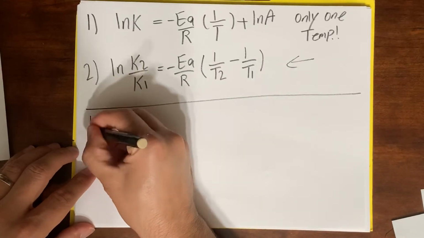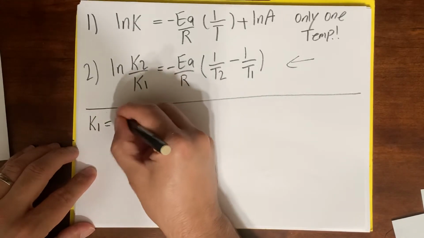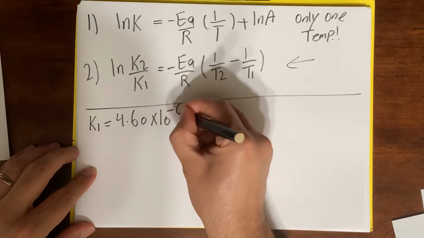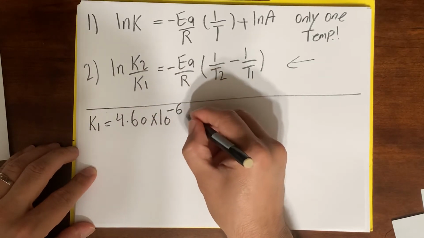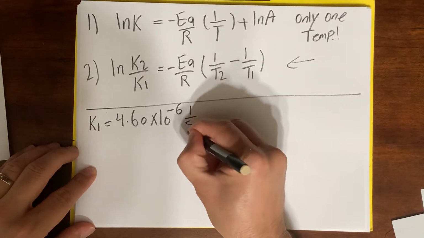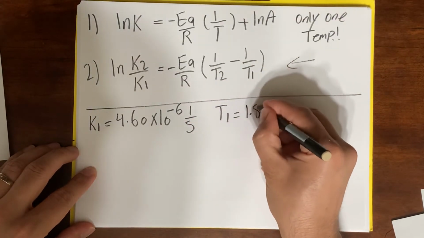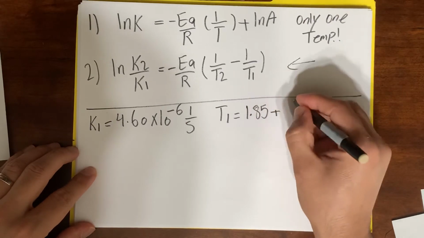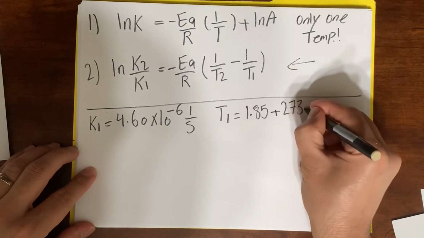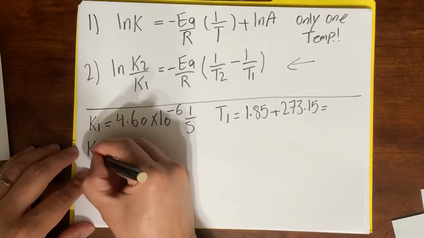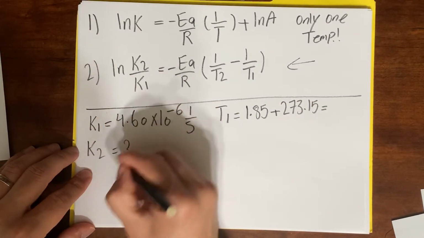We have K1 equal to 4.60 multiplied by 10 to the power of minus 6, in units of 1 over s. The temperature says 185. You transfer it to Kelvin. K2 we are looking for.